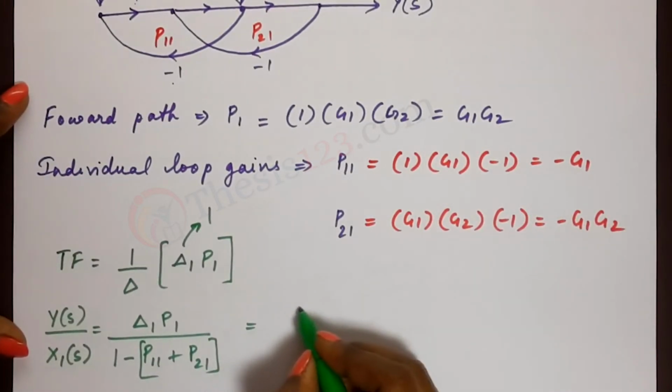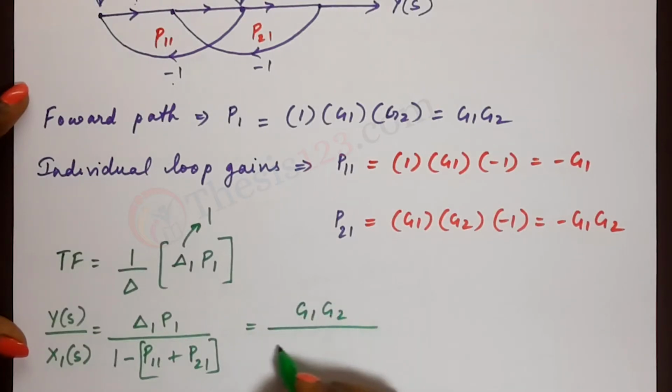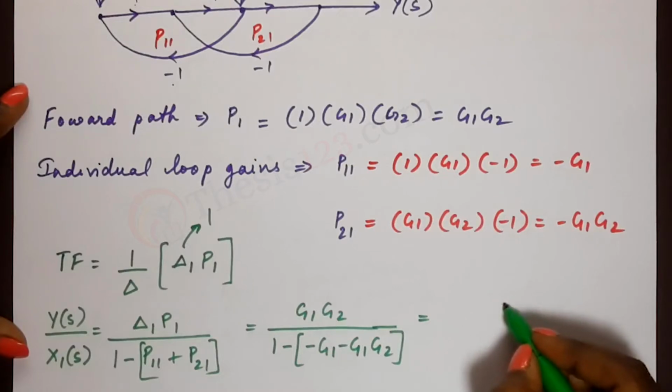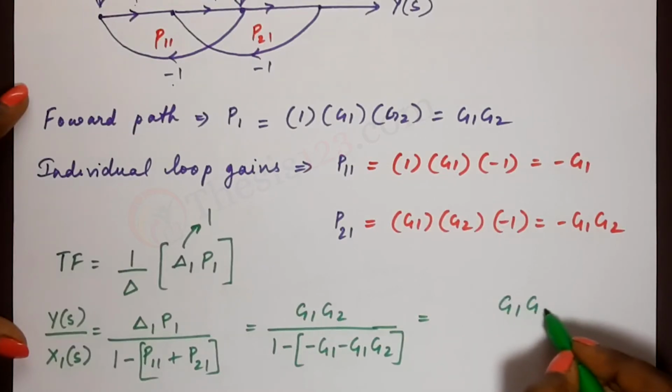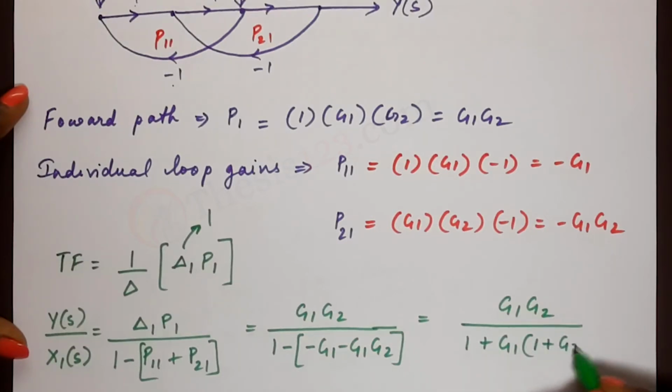Let's substitute all of them. We will obtain G1, G2 divided by 1 minus G1 minus G1, G2. We can solve that further and write it as G1, G2 divided by 1 plus G1 into 1 plus G2.